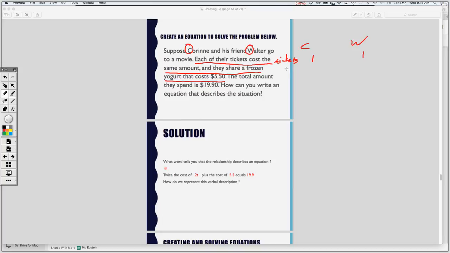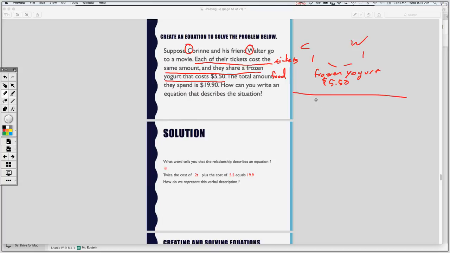So you have the food. What did they buy? Frozen yogurt. I'm just putting that in the middle because they shared it. So both of these shared, and it was $5.50. So far, we don't know how much the ticket is, but what's the total when I add up 2 tickets and the frozen yogurt?